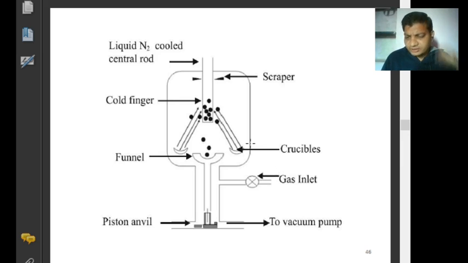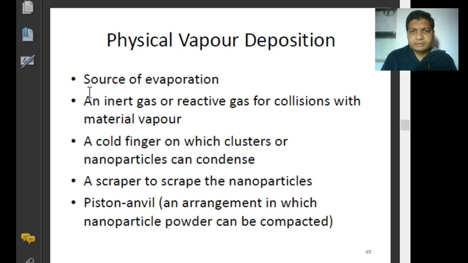We can use some inert gases, and these gases will react with our gaseous nanoparticles, and it will form uniform nanoparticles. This is the vacuum pump. You know that all the air from this chamber can be removed from this outlet. Then piston and wheel. These are the components available in the physical vapor depositor.